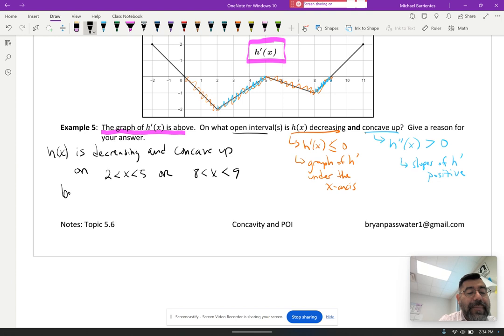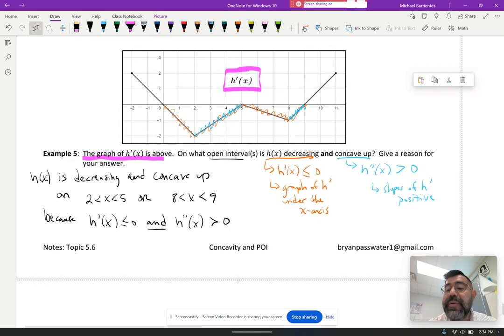And I know that because the first derivative of h is less than or equal to 0, and, don't use or, and, because both things have to be true, the second derivative of h is greater than 0. And that's my answer. So maybe working with graphs is a little bit easier. You just have to make sure you're looking at the graph through the right lens so that you're answering the correct thing that they're asking you for.